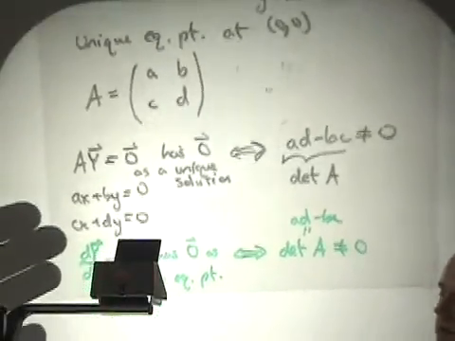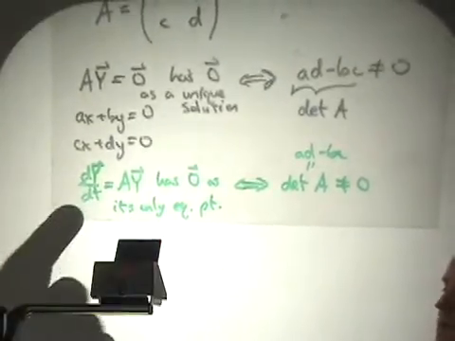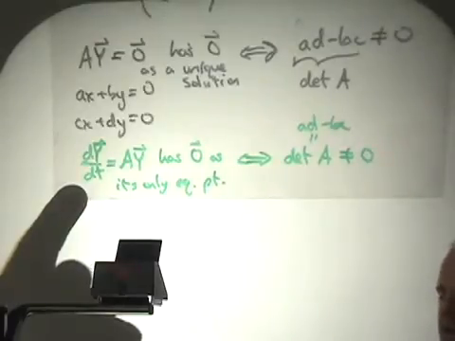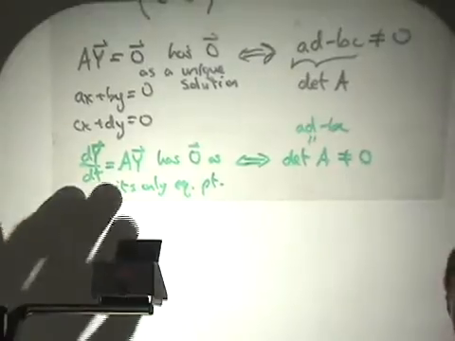A corresponding important fact for differential equations is that dy/dt equals A times y has 0 as its only equilibrium point if and only if, once again, the determinant of the coefficient matrix is non-zero. So that was one thing that we looked at.